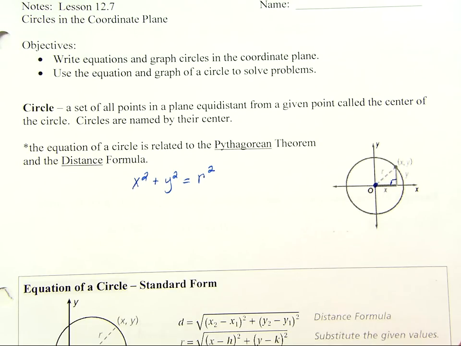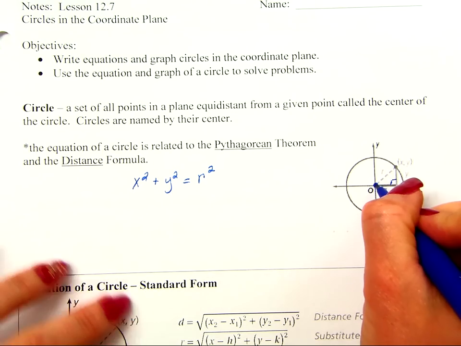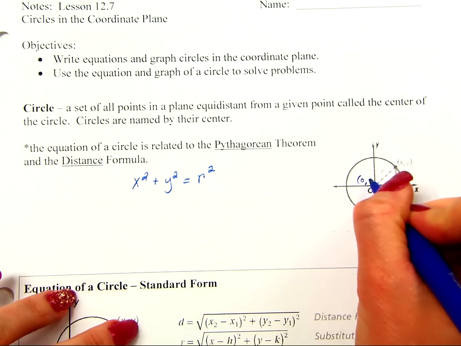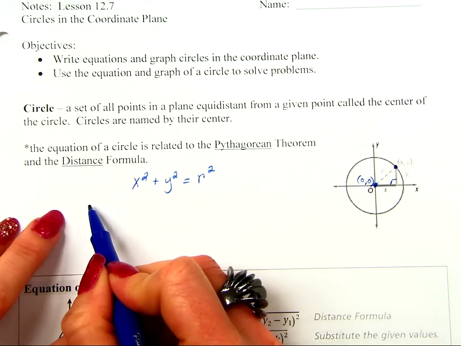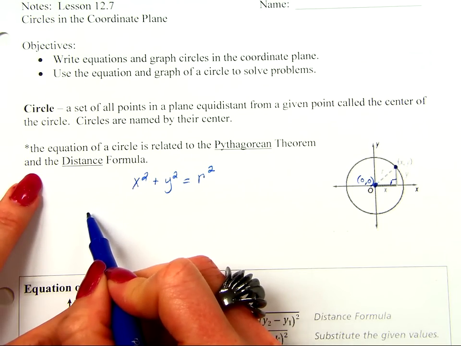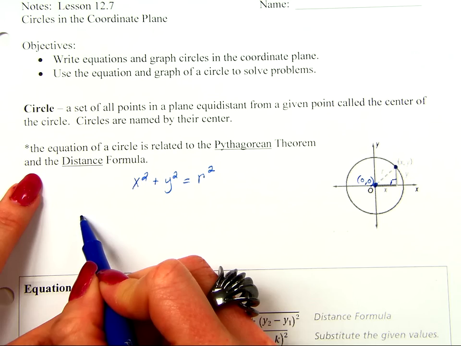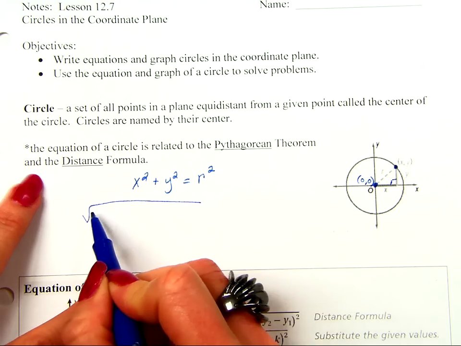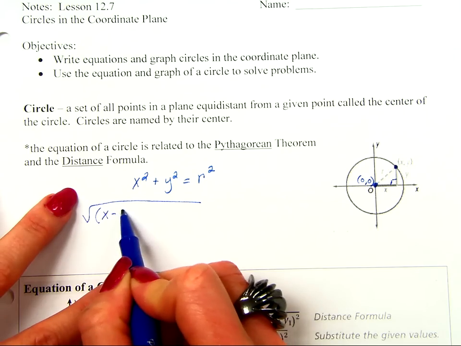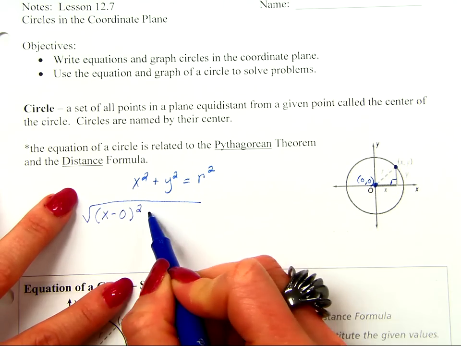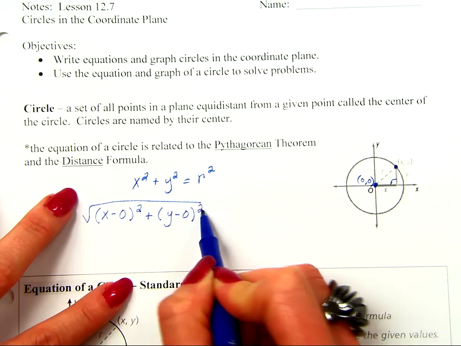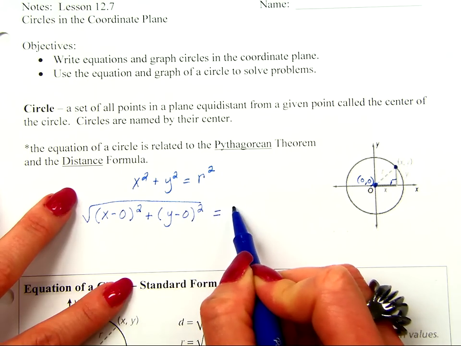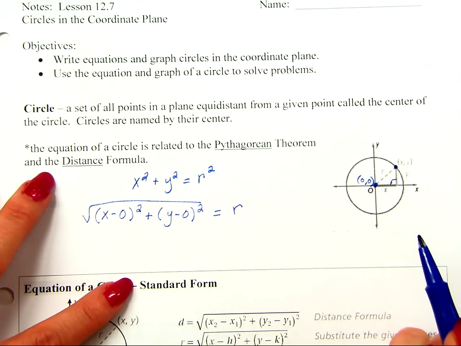Now, if we were thinking distance formula, and here is my endpoint 0, 0, or my center, this point here being x, y, I could think about my distance as the square root of x minus 0 quantity squared plus y minus 0 quantity squared, and that would be equal to r, my radius.